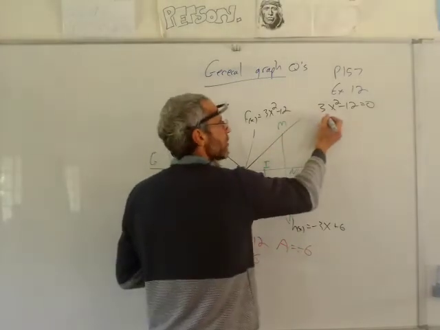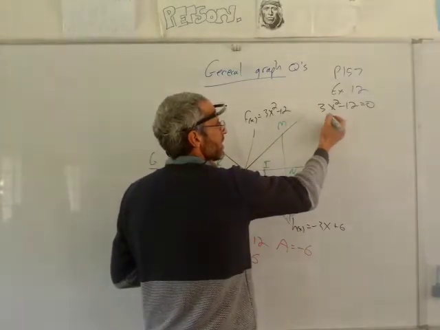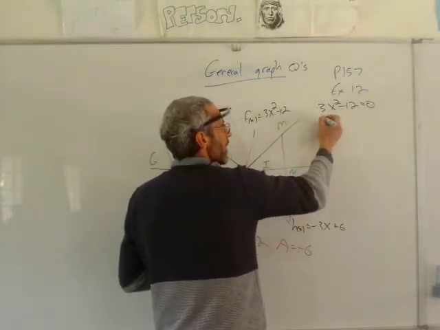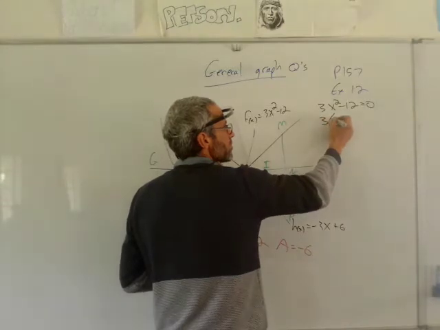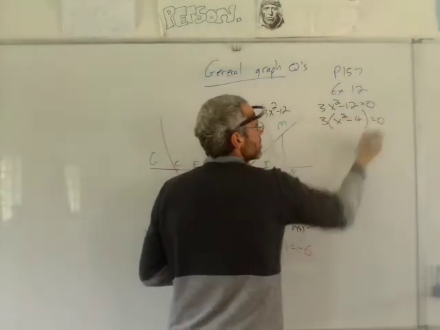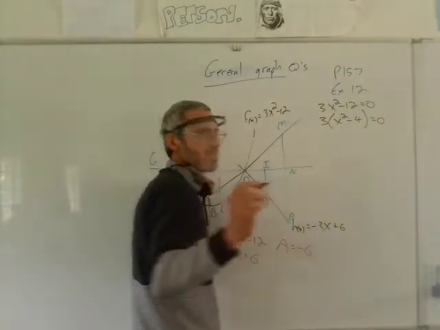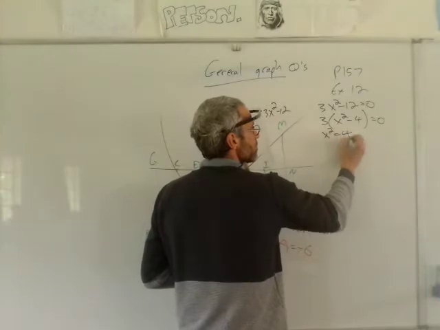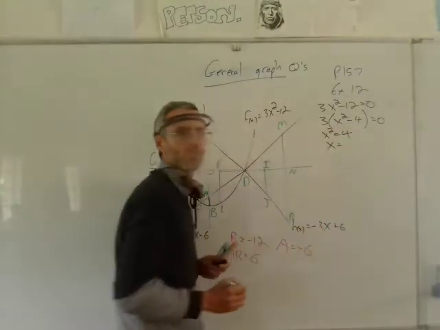The best way of doing it, in my opinion, is, well, there's a couple of ways of doing it, but one way is to take the common factor, which is 3: 3 times x squared minus 4 equals 0. So x squared is going to be equal to 4.